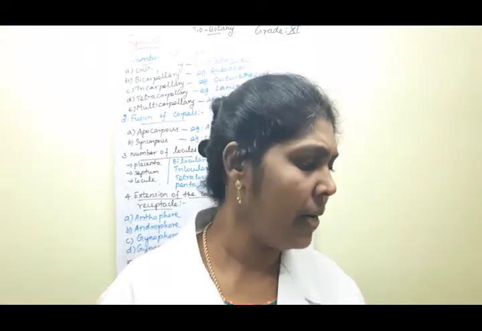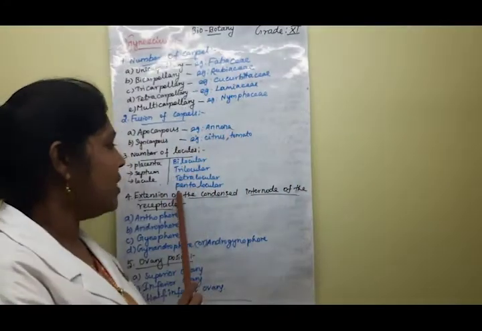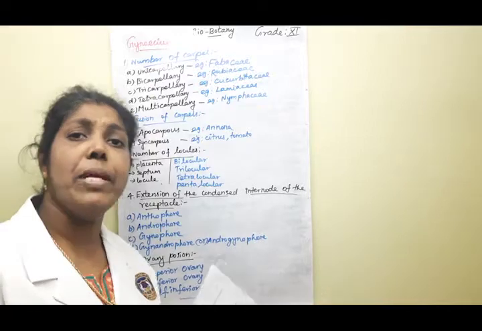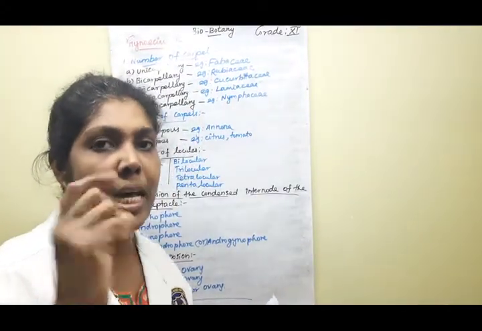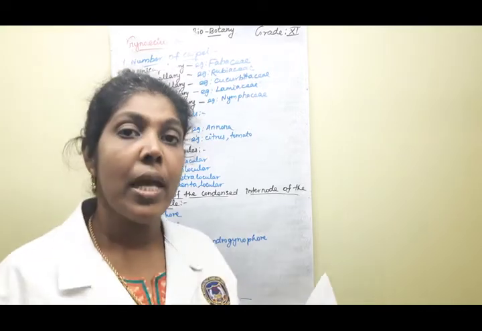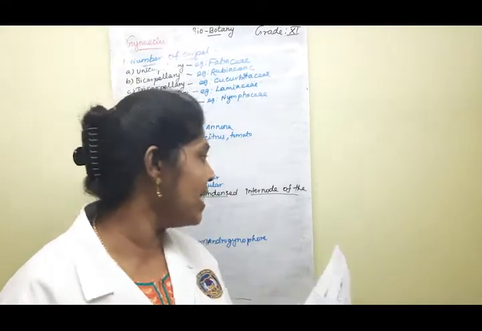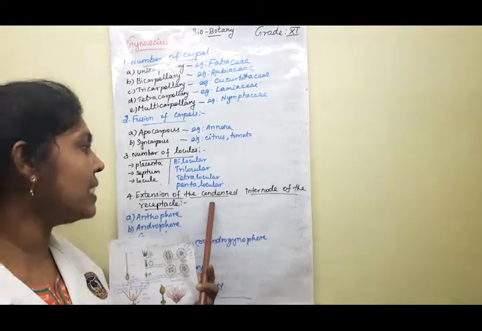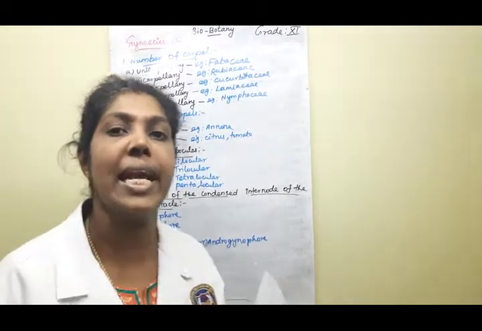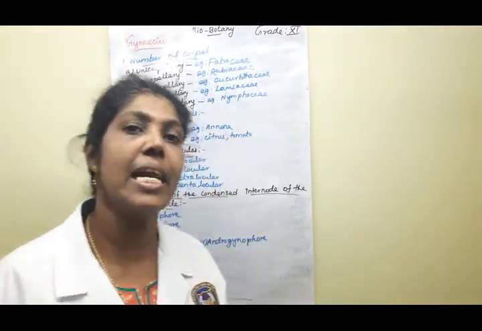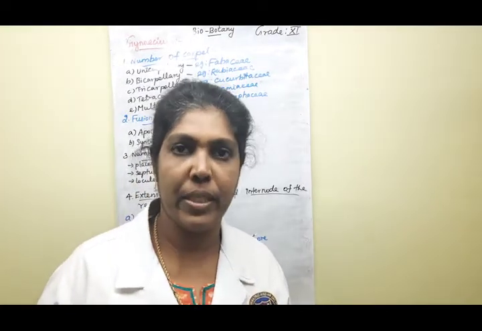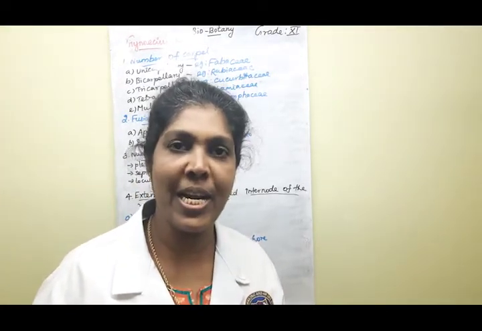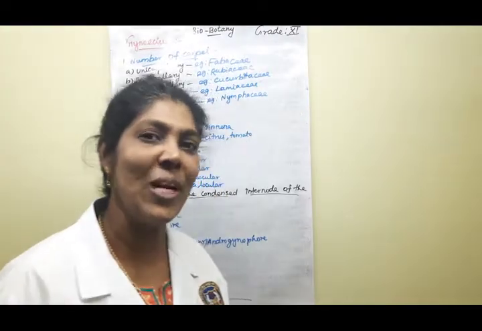The next one is the extension of the thalamus, that is, the shortened internodal regions of the receptacle part. Regarding the internodal region present in the receptacle, we are going to learn its 4 types. Clear, children? Shall we continue? All of you listen carefully.